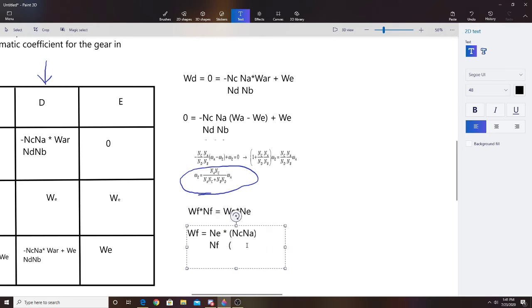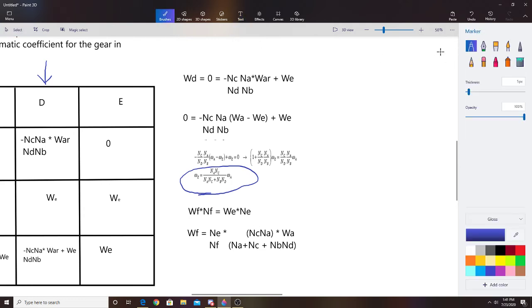I'm going to have to go ahead and increase that, I think. NA plus NC plus NB ND. Let's go ahead and figure this out. And then times WA. Right? So do you guys see what I've done? Essentially, I've just taken this equation for WE and I plugged it in right here. So you get NE over NF times what I just plugged in, which is effectively all of this.